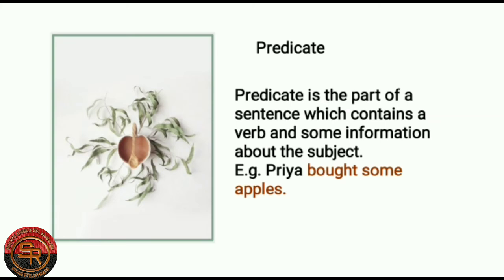Now let's ask what. What did Priya buy? Priya bought some apples. So we have understood that the second part of the sentence denotes what is said about the subject. It is called the predicate. Again I am repeating, the predicate is a word or a group of words that denotes what is said about the subject.